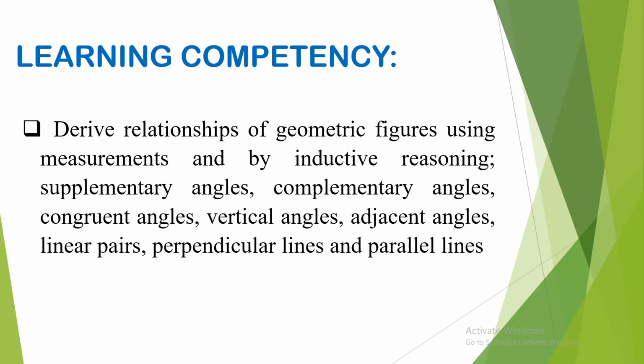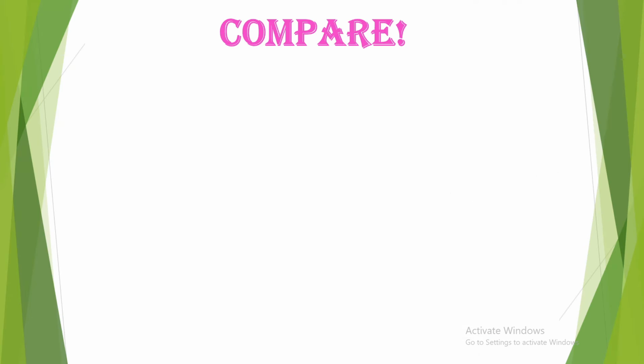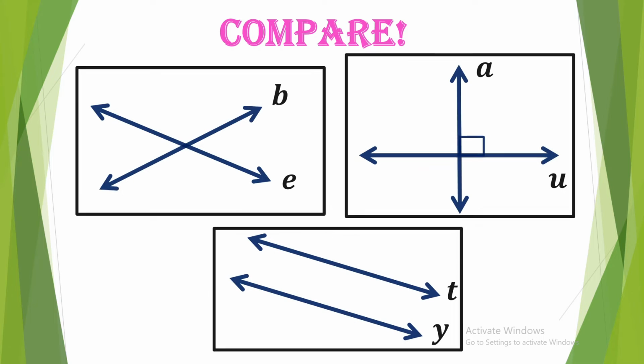But before that, let's have first an activity titled Compare. I have here three sets of linear pairs. Now, what you're going to do is to simply compare the given figures. Let us have first this first figure.